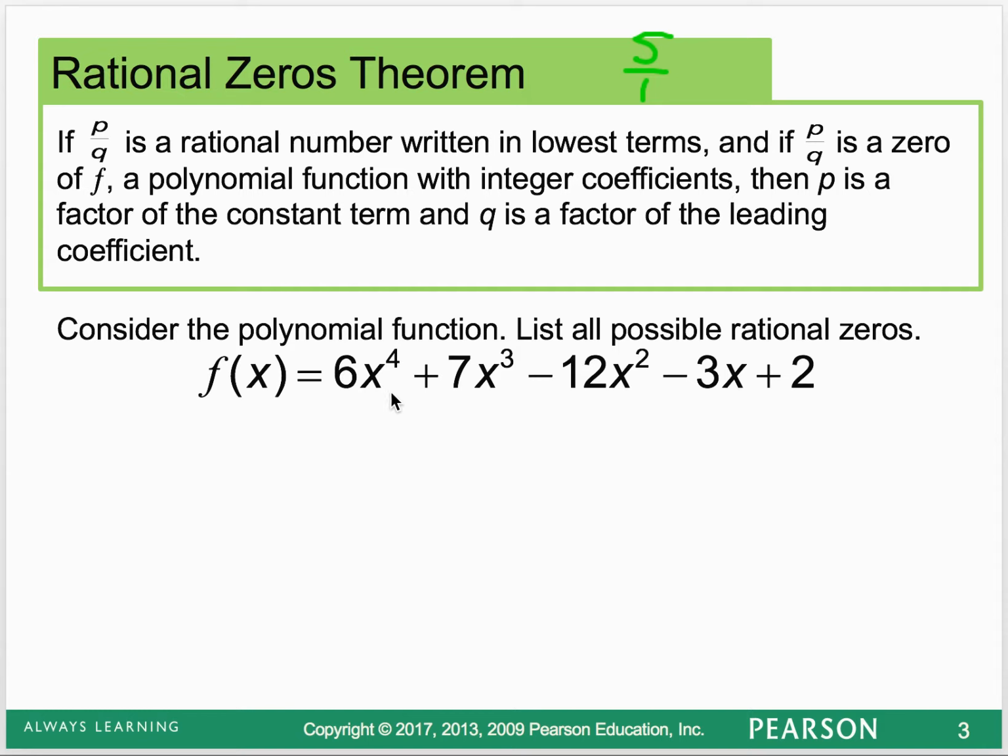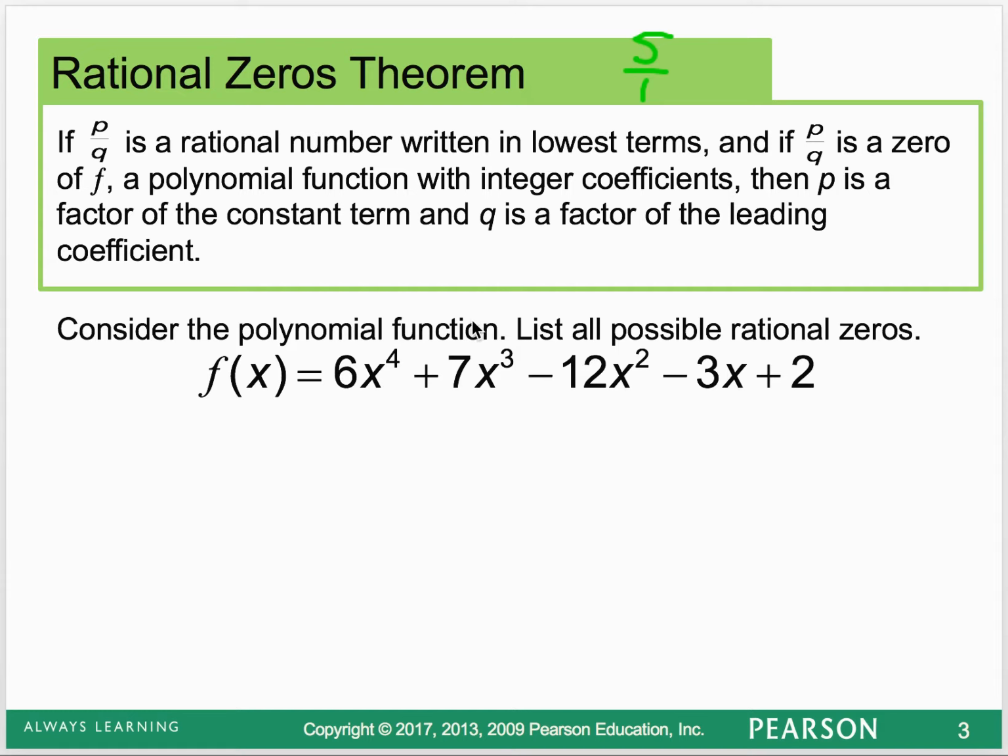What are you going to do, just guess forever, and divide this by 1, 2, 3, 4, 5, and then try negative 1, negative 2, and then what if all your solutions are fractions? How long would it take you to try to divide 2/3 into this, or 3/5?